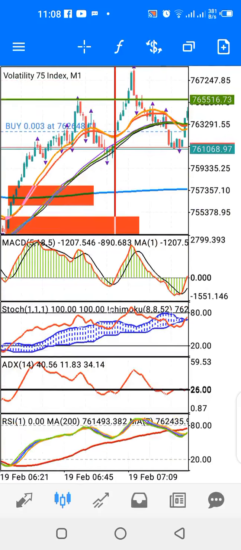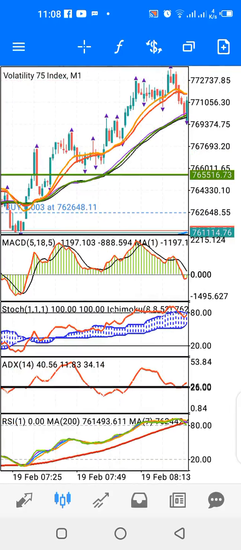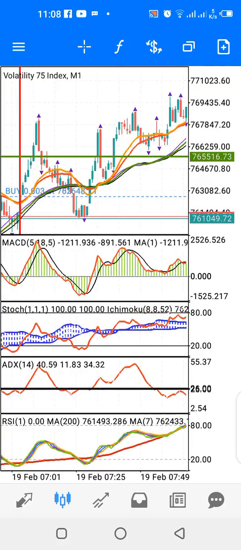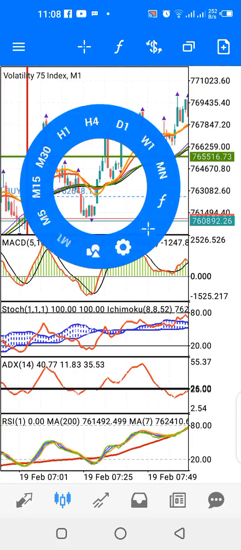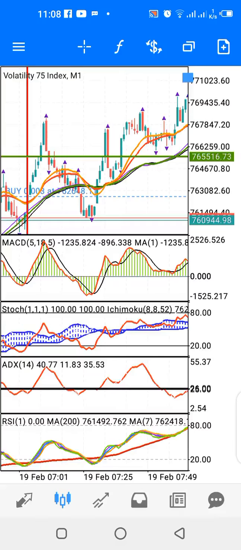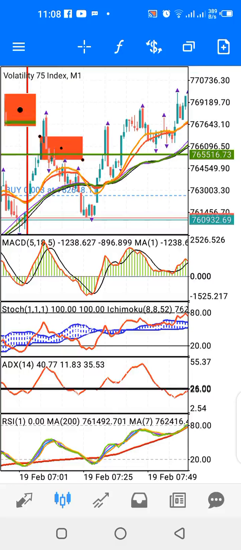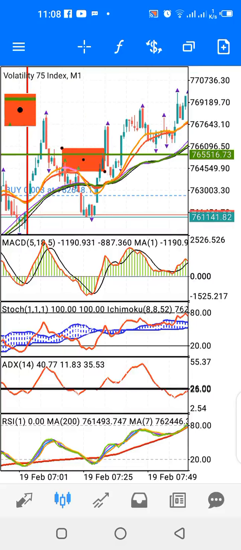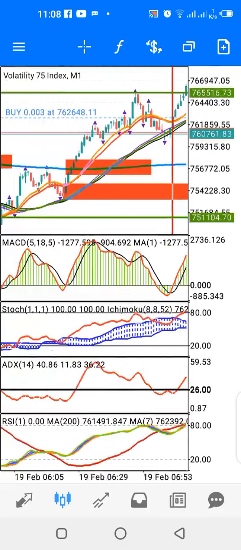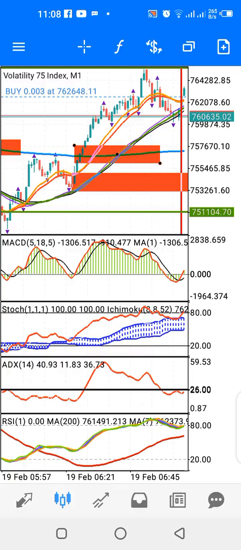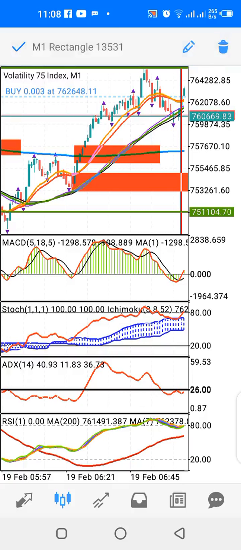Okay, you can see what happened. You have made some points. You bought here, price dipped, you bought around here, and price went up and dipped. We didn't get to our stop loss area.